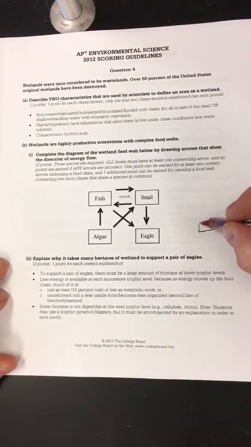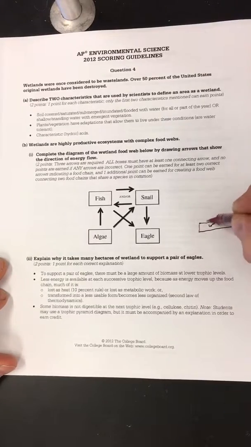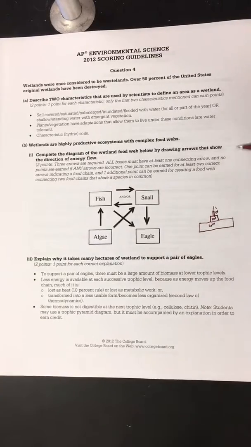So if this is 1,000 units of energy, we're only going to have 100 get passed on, then only 10, and then only 1. So this little trophic pyramid was what we're getting at for this question.